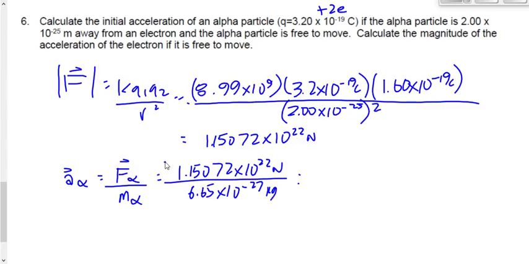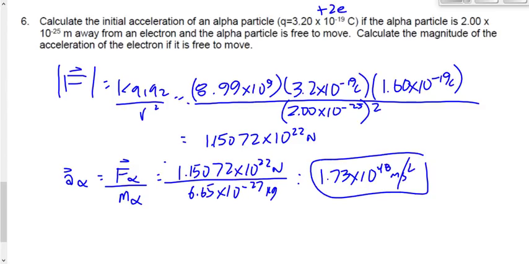I don't know what the mass of an alpha particle is. I do because I've used it so many times, but if I was in your spot, I wouldn't know what it was. So where are you going to find it? Yeah, it's on your data sheet. Divide those two numbers and we get 1.73 times 10 to the 48. That's a huge acceleration, but it is what it is.